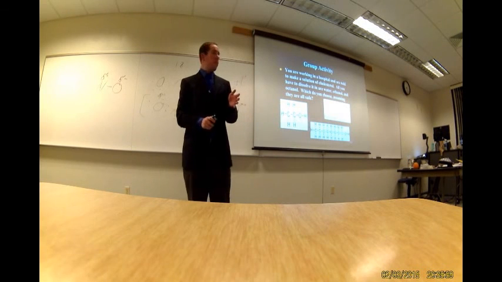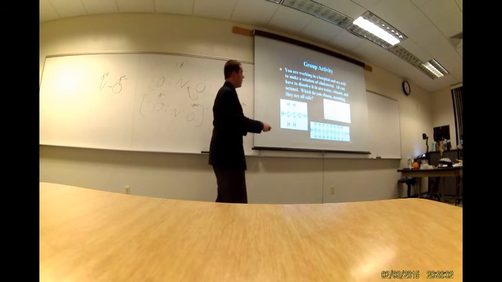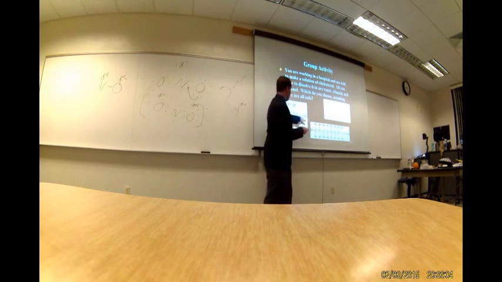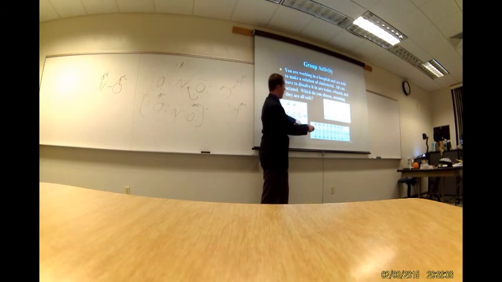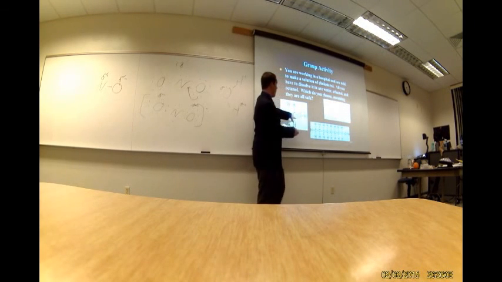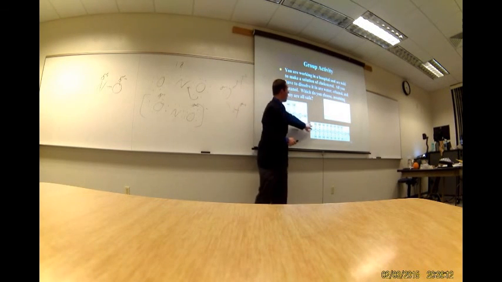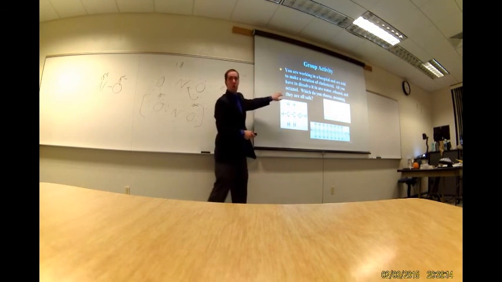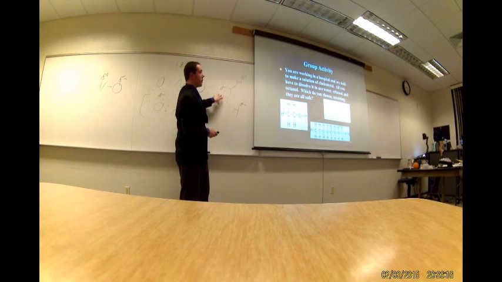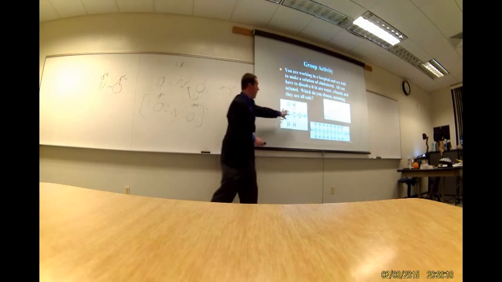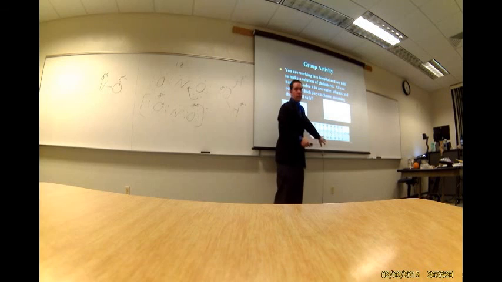They both have one OH, but this has 8 carbons, this one has 2. So the one on the left is the most polar of these two. I didn't draw water, but water is one of the other options. Water is the most polar, and then ethanol, and then octanol.